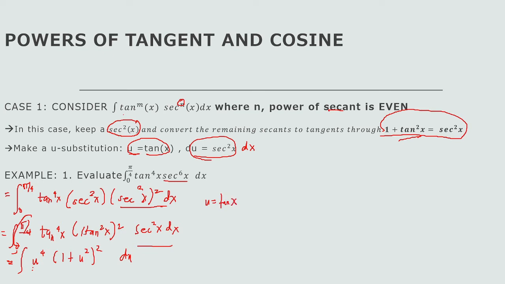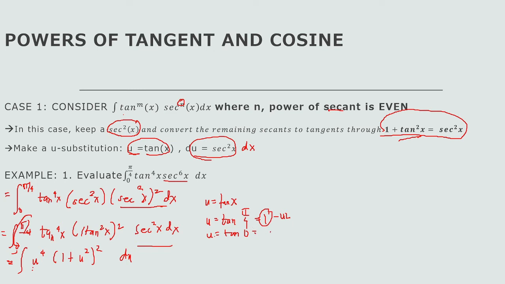Therefore, our upper limit is u is equal to tan pi over 4. So tan pi over 4, again, your calculator should be in radian mode, that is 1. That is our upper limit. Our lower limit is tan 0. So that is 0.